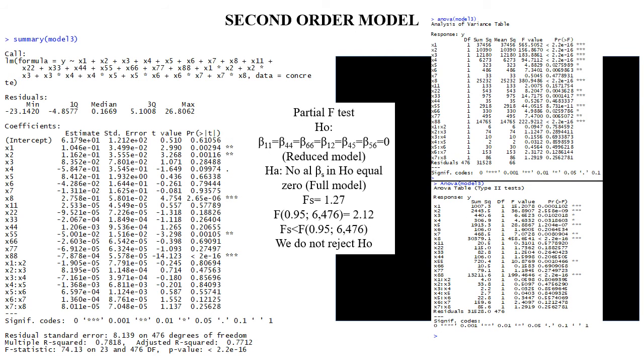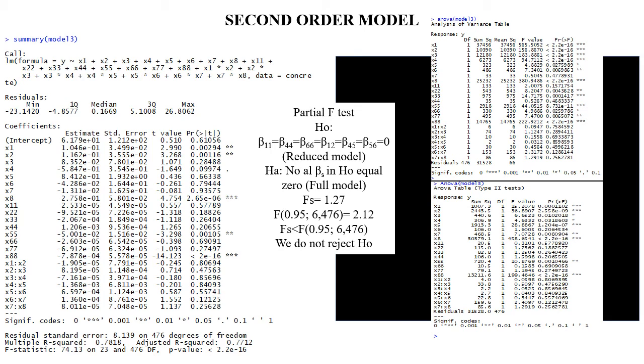So let's try some remedial measures. A second-order model was built to find if it fits the data better than a first-order model. As there are too many predictors in the second-order model, I made a partial F-test to determine if some predictors can be eliminated.